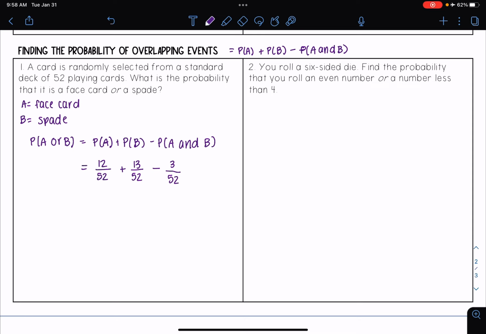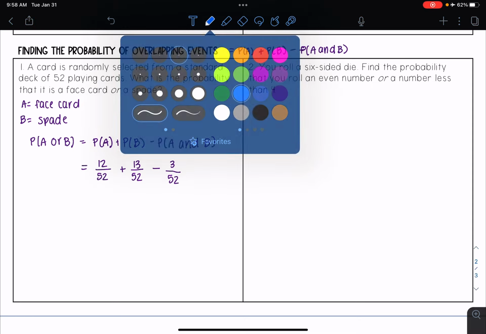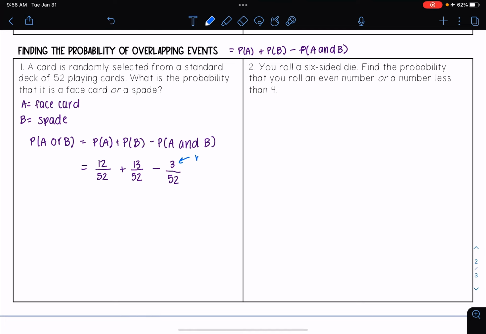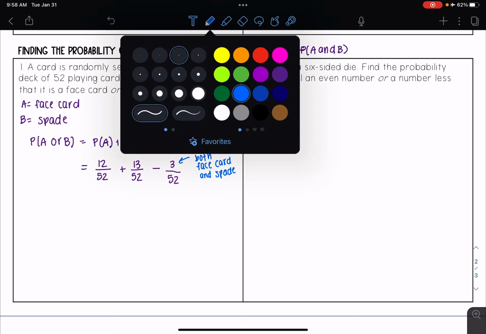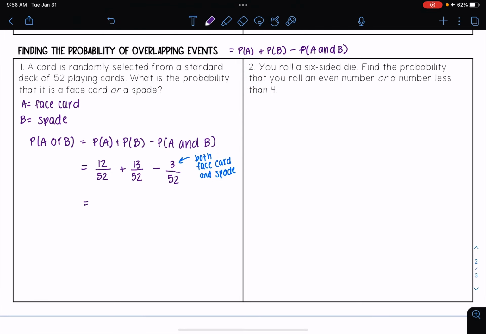And remember, make a note here, these are both face card and spade. So when I add across 12 plus 13 minus 3, I get 22 out of 52, which is approximately 0.423.